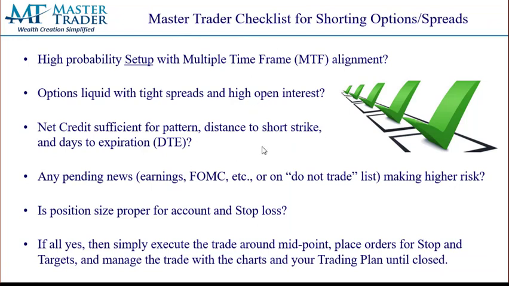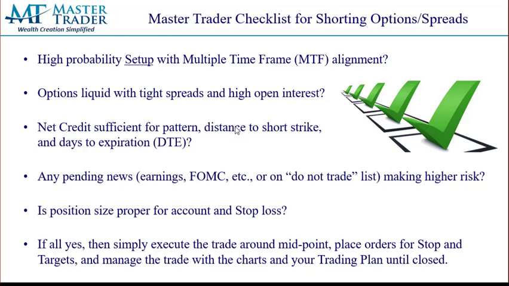This is a checklist. You can print it out that I teach in the seminars. So again, I want a high probability setup, multiple time frame alignment, only trade liquid options, high open interest, and tight spreads. Is the credit received for the probability of that trade working for the days to expiration sufficient for that risk?